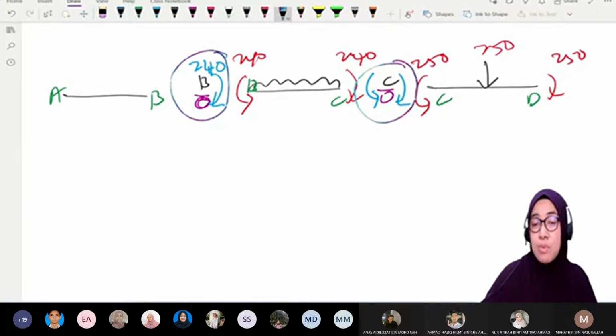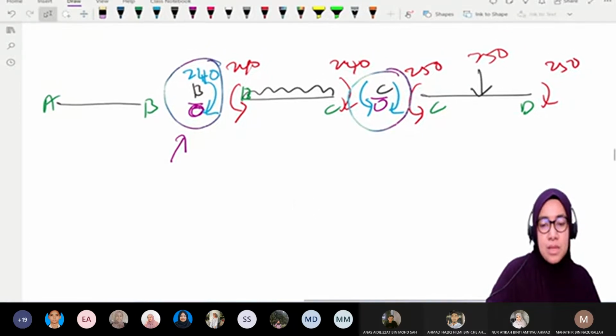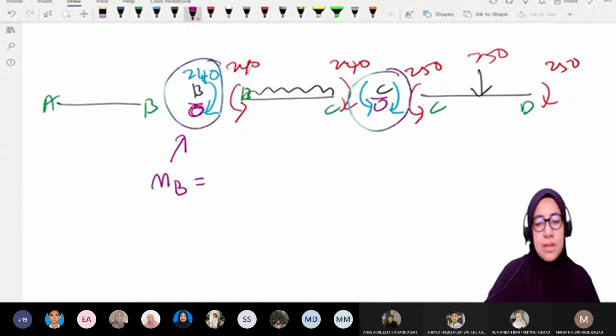So the joint moment at B equals, positive or negative? Positive. It is 240 kilonewton meter.